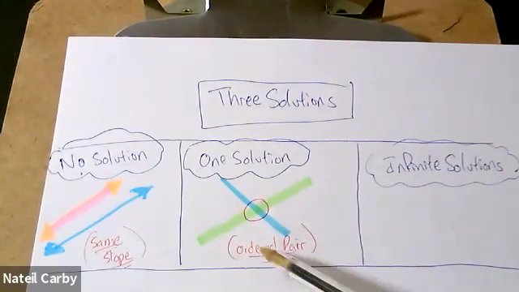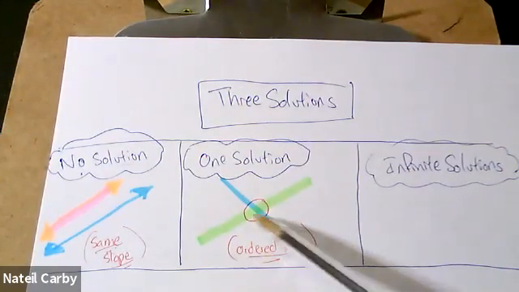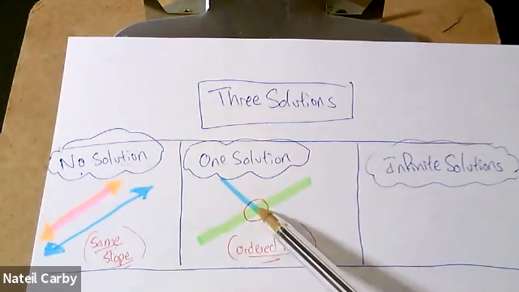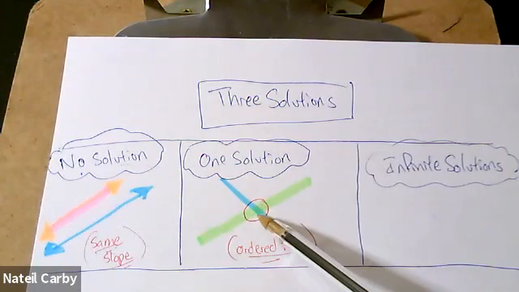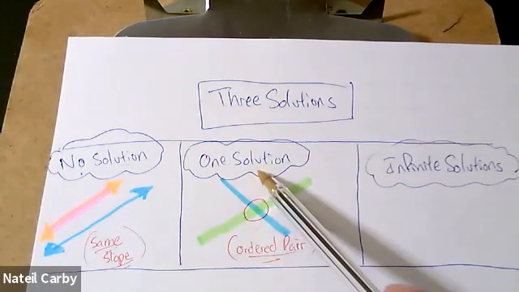The one solution we're looking for is an ordered pair. So you're going to say, you know, they intersect at 1,2. You know what I'm saying? But you have to interpret whatever that solution means, right?